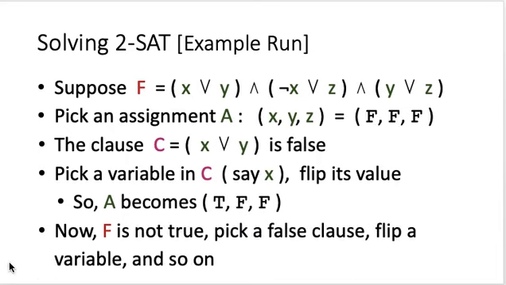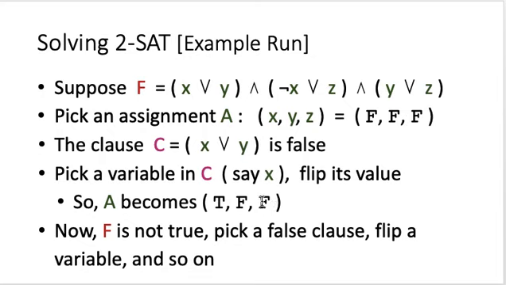And then for another case, this is another example. Suppose that we have the same formula f, but this time the initial assignment is FFF. Under this assignment, one of the clauses, x or y, is false. So we pick a variable randomly from it, x or y. Let's say x, and flip the value. After flipping the value, the assignment changes from FFF into TFF.